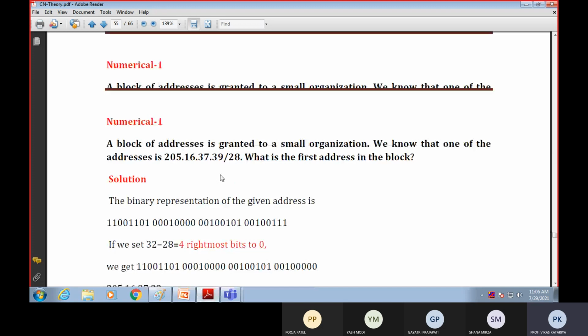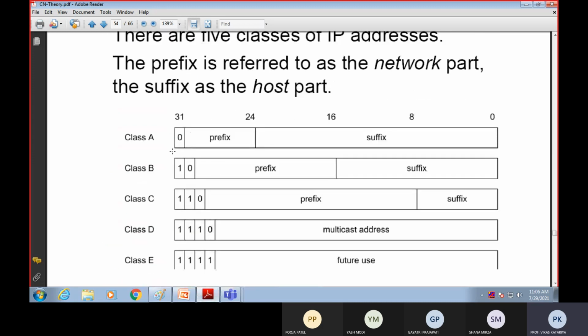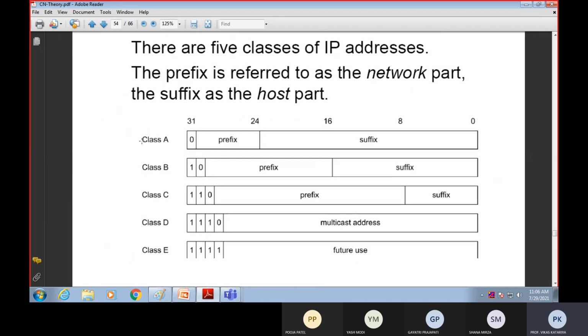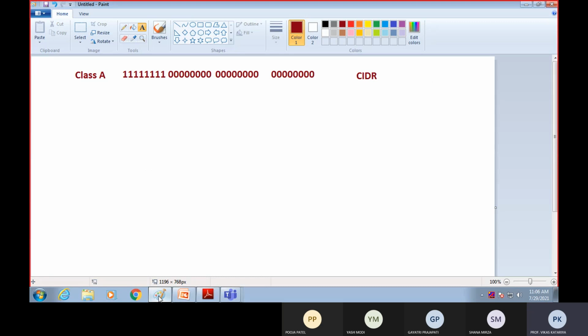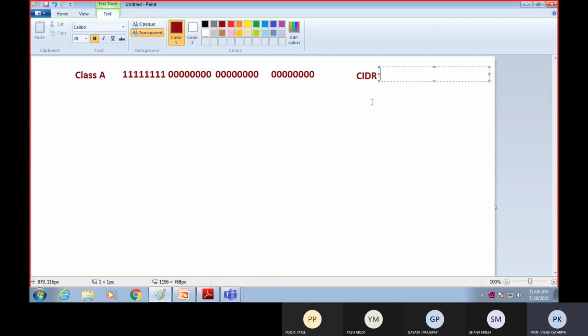According to the concept of prefix we have already discussed, class A has 8 bits for the prefix, right? So the prefix bits tell us the CIDR notation. So for a class A IP address, we can write CIDR /8.